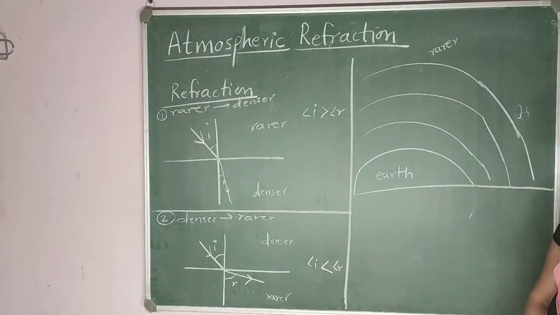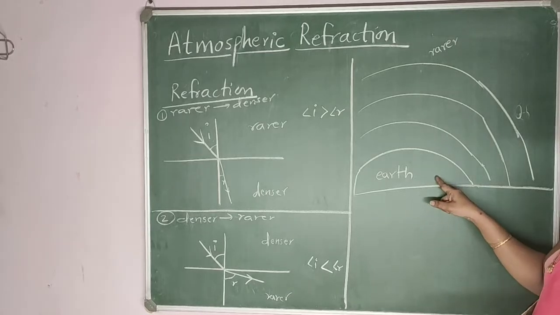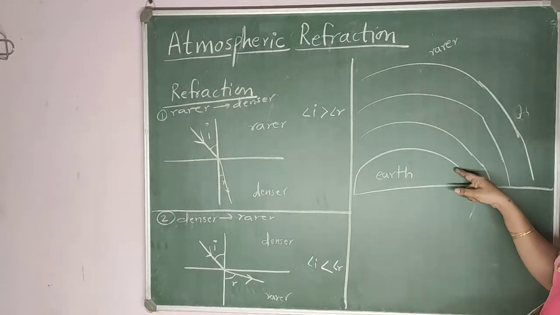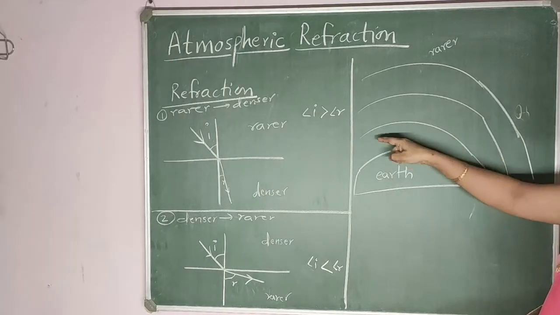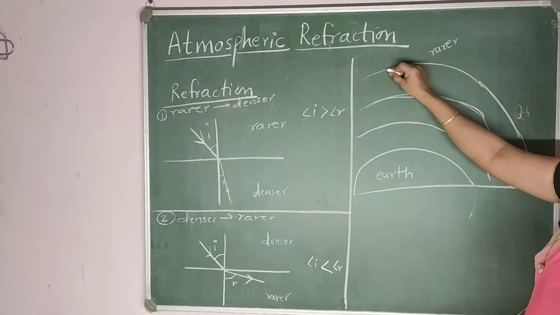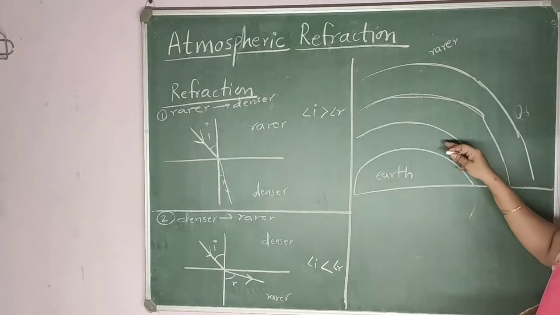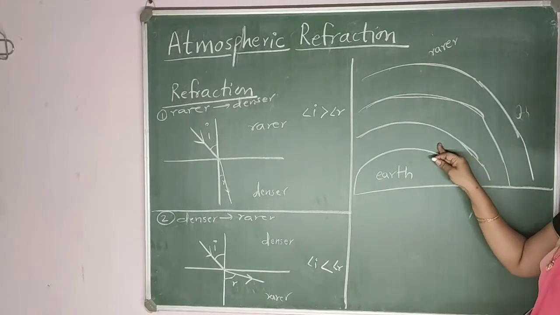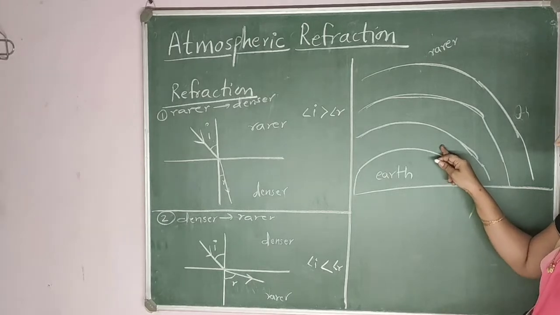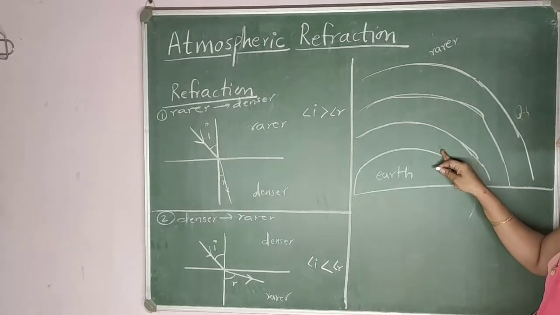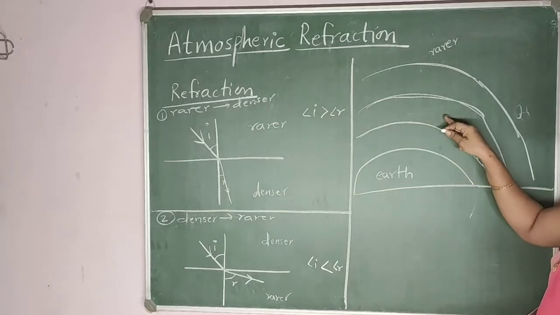Atmospheric refraction. Earth, as we know, is surrounded by its atmosphere, and the Earth's atmosphere has different layers of air. The layer which is very close to Earth is denser. The density of that layer is greater as compared to the density of the layer above it.